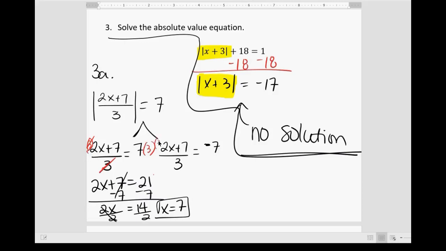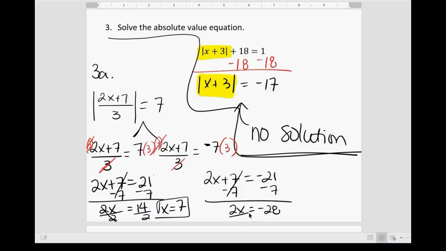The same thing, I'm going to multiply both sides by 3. That's going to cancel the 3 in the denominator on the left side. So on the left, I'm going to have 2x + 7 equals negative 7 times 3, which is negative 21. Now I'm going to solve for x. I'm going to subtract this 7 from both sides, and so I'm going to have 2x equals negative 21 minus 7, which is negative 28.